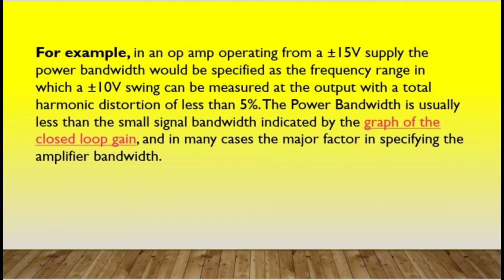The power bandwidth is usually less than the small signal bandwidth indicated by the graph of the closed loop gain, and in many cases is the major factor in specifying the amplifier bandwidth.